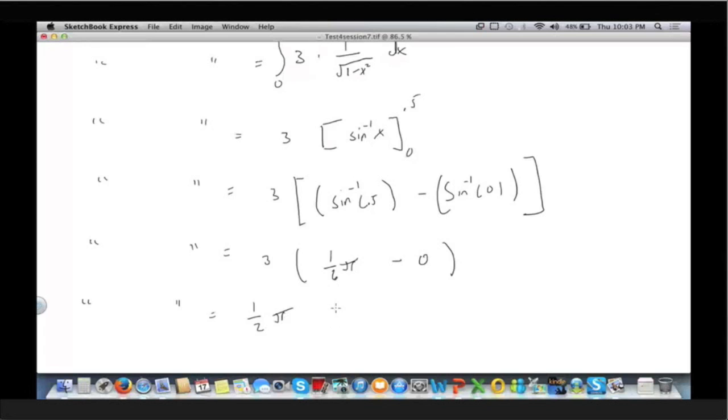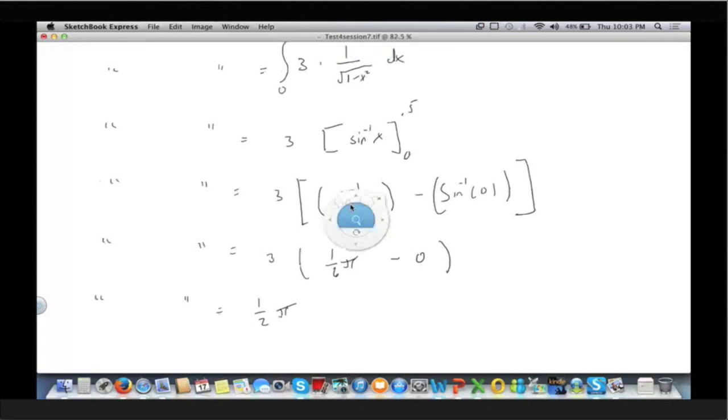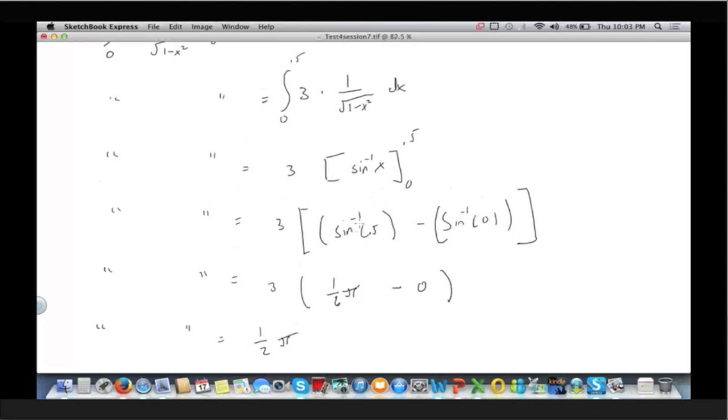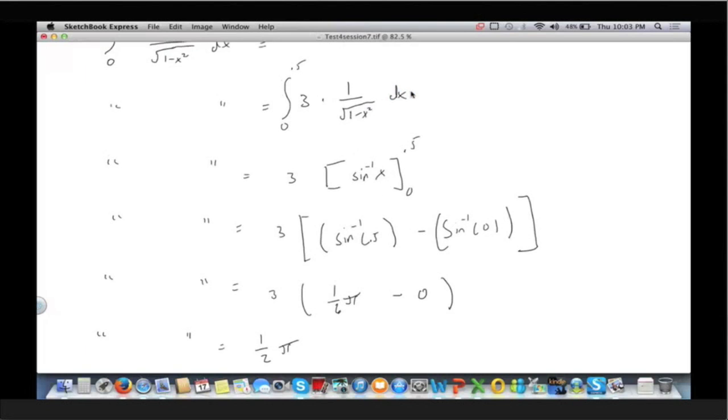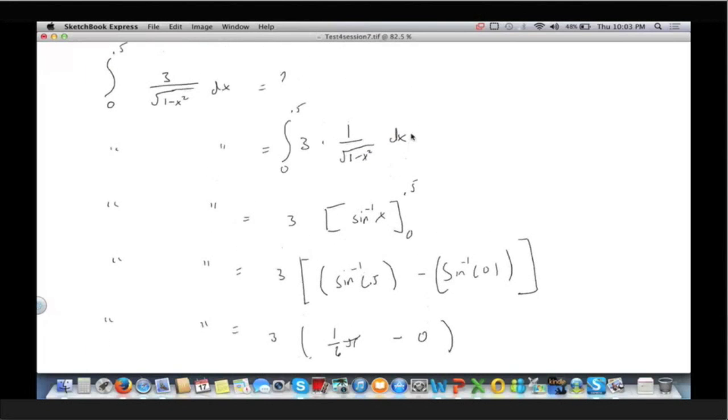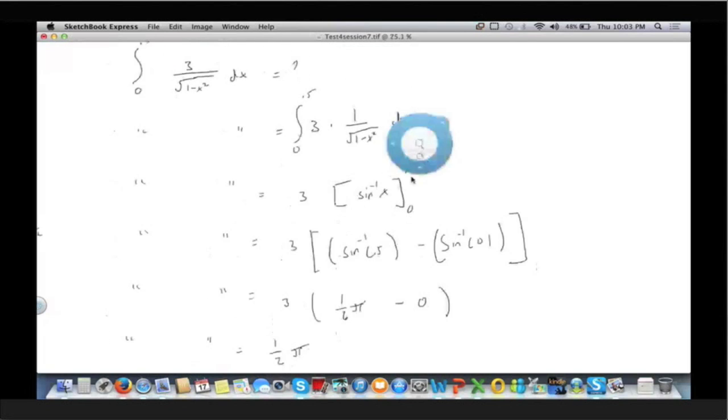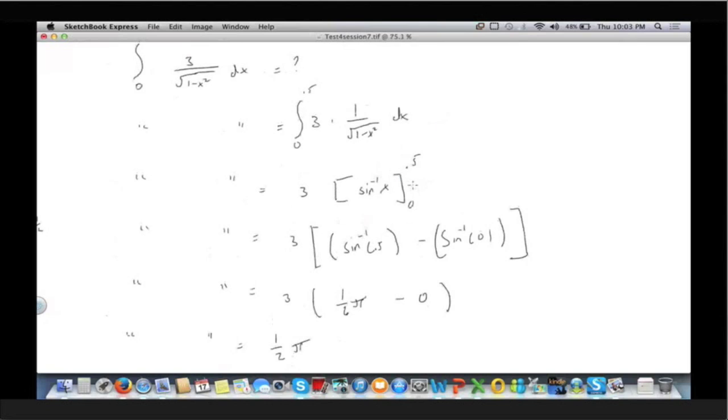Let me check this. Now, before you do that, you're going to have to convert your answer into a decimal so that you can compare it to what the calculator is going to give you, right? Because the calculator is going to give the answer as a decimal. It's going to be half a pi, so like 1.57. Okay, good.